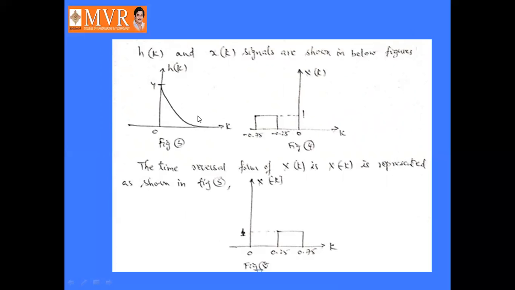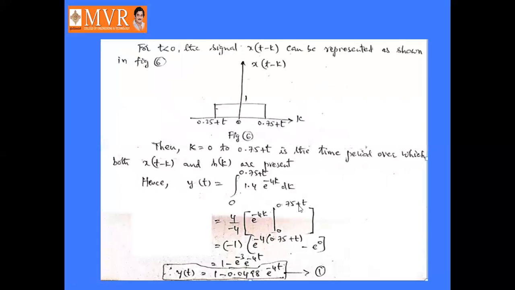The time reversal form of x of k is x of minus k, that is the mirror image of x of k, represented as shown. So it is represented from minus 0.75 to minus 0.25. It is a mirror image of 0.25 to 0.75 with amplitude 1. This is the mirror image of x of k, that is x of minus k.